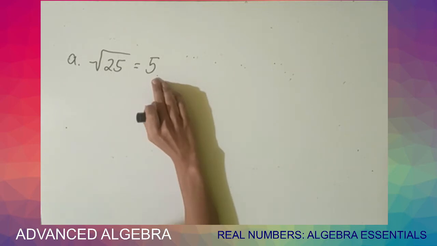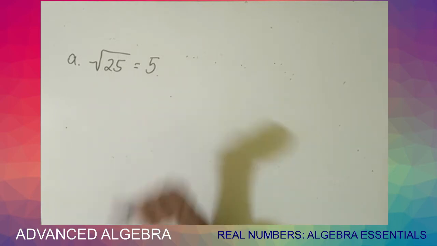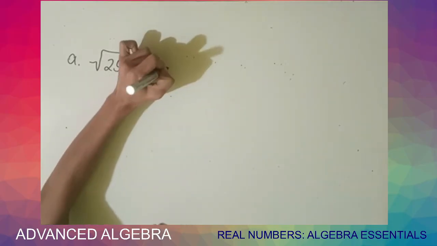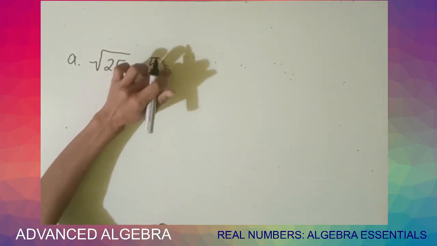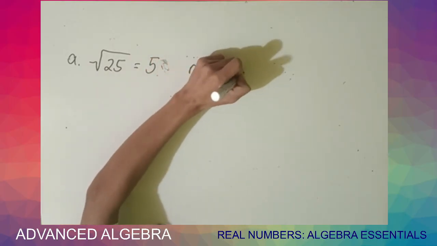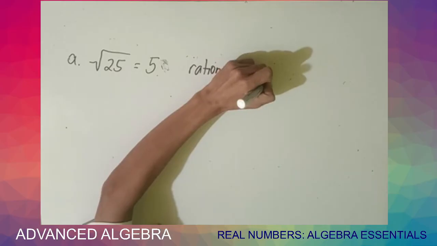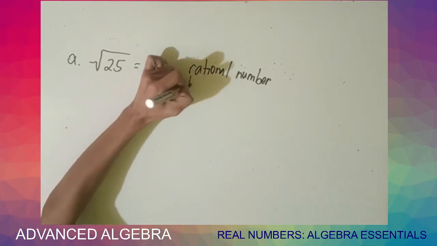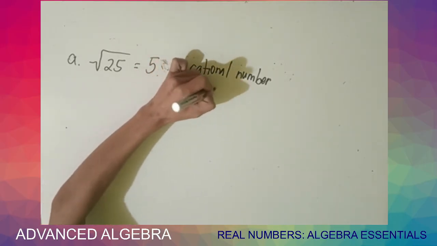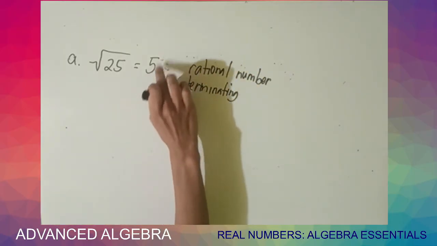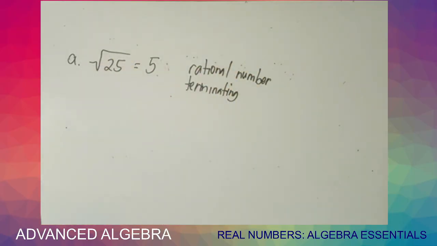So, si 5, rational or irrational? Okay, siya ay rational number. Then anong tawag sa kanya? Terminating or repeating? Okay. Terminating, kasi sakto yung lumabas na sagot. Naintindihan yung letter A.